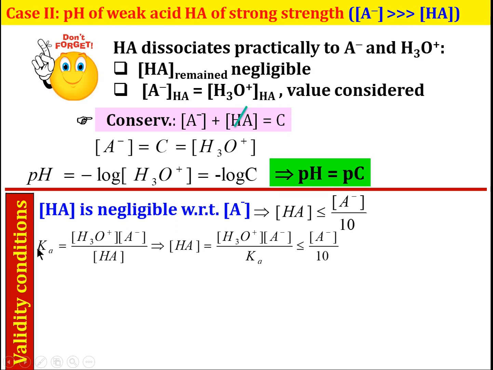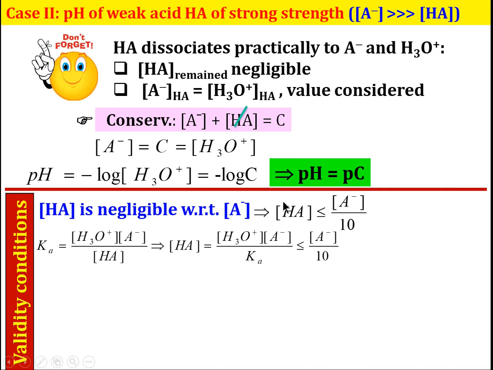The expression of the equilibrium constant can be applied independent of the exercise because it's a constant value, equal to H3O plus in the solution times A minus in solution divided by HA. So HA equals H3O plus times A minus divided by Ka.